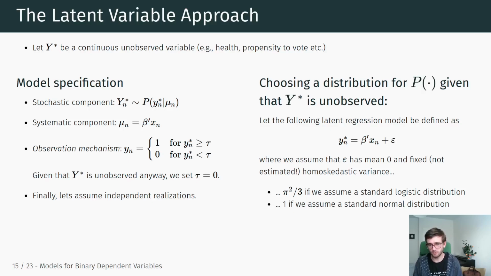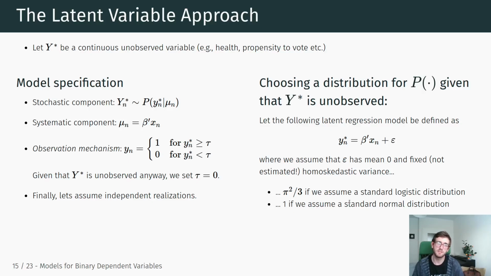So if we set this variance equal to pi squared divided by 3, then this is equivalent to the standard logistic distribution, because the standard logistic distribution has a variance of pi squared divided by 3, as we mentioned in the previous video. And if we assume the variance to be equal to 1, we assume a standard normal distribution.